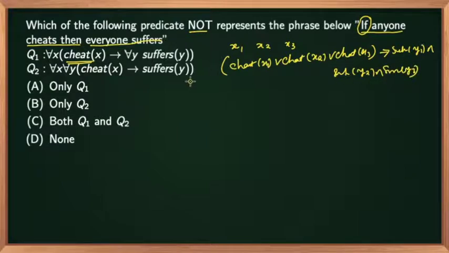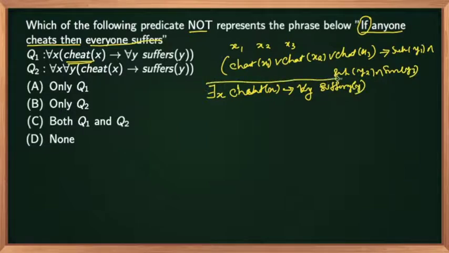So you can represent this as there exists an x, cheat of x implies for all y, suffers of y, right? So this statement is the direct predicate that basically represents the statement if anyone cheats then everyone suffers.